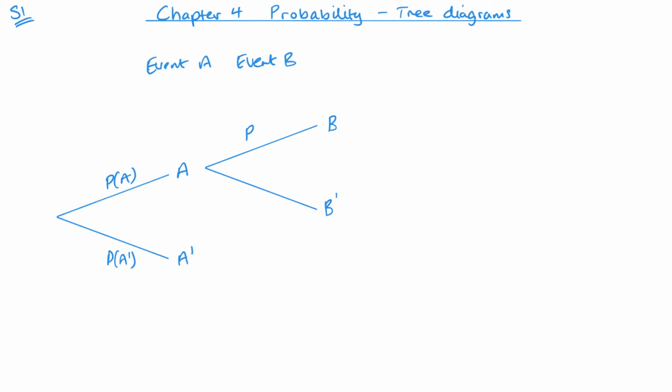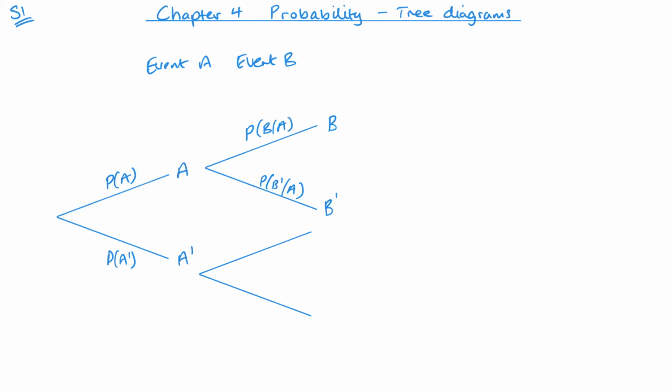But this isn't the probability of B now because A has happened. So this is the probability of B given that A has happened. And this one here would probably be the probability of not B given that A has happened. And the same can be said for the bottom one.